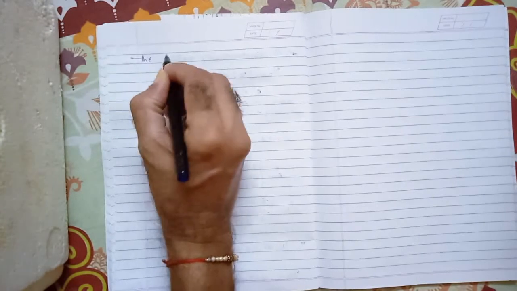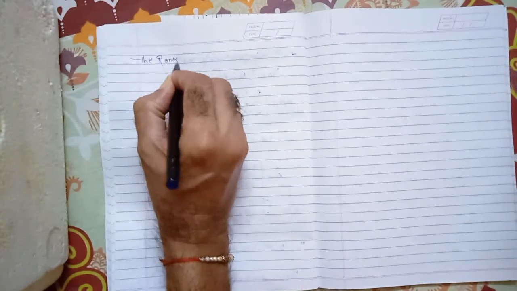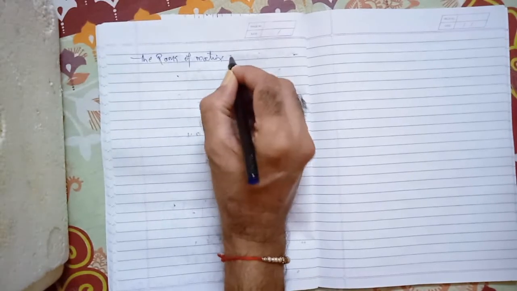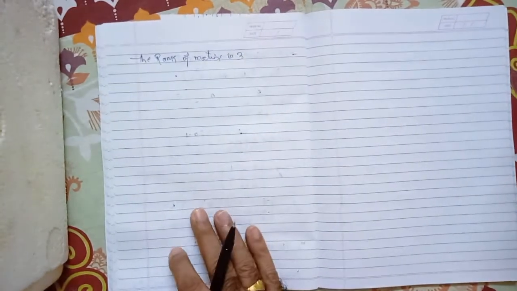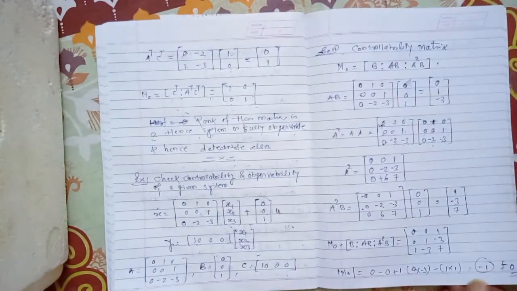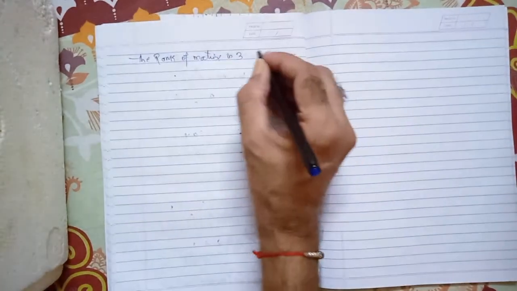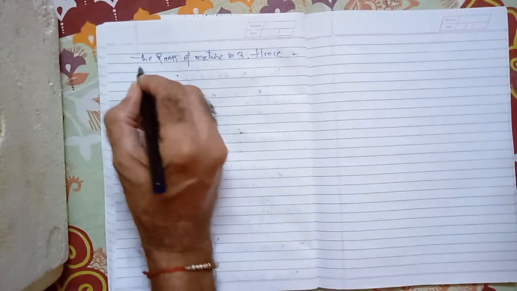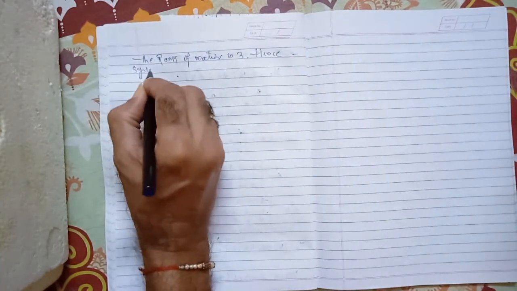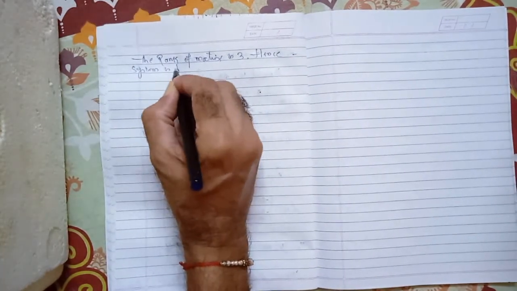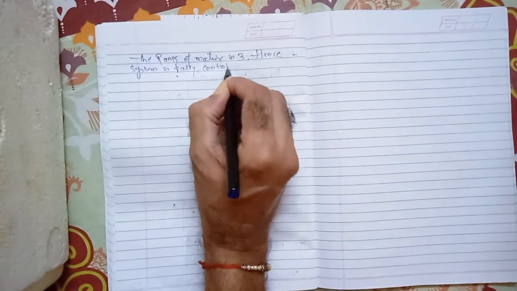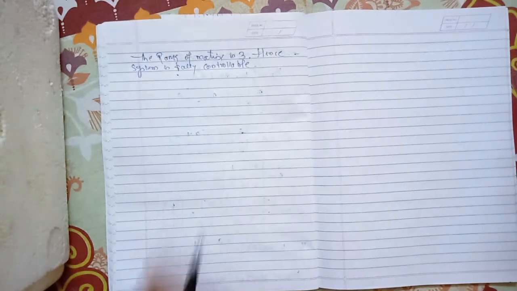The rank of matrix is 3. The matrix rank is 3, so hence system is fully controllable.